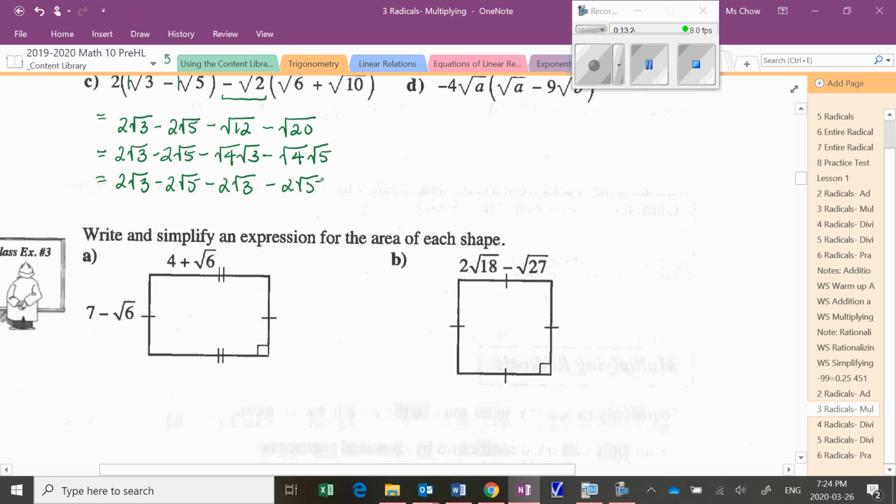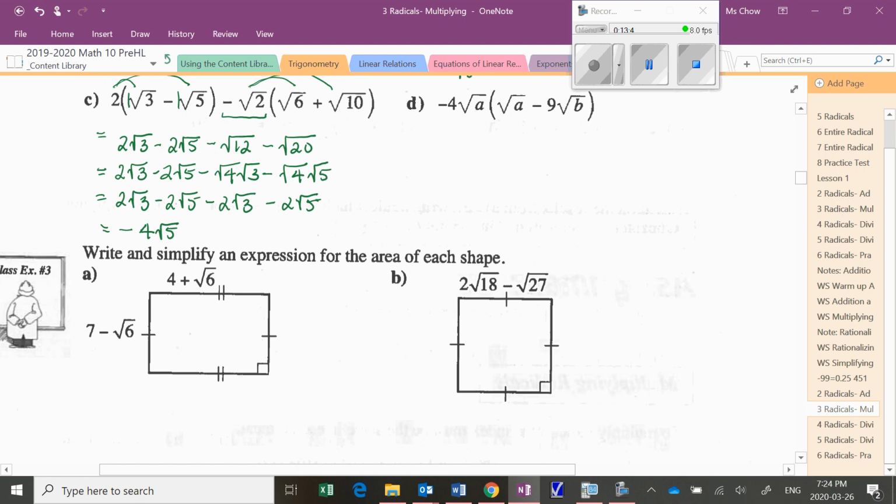So combining our like terms, then we've got 2 root 3 minus 2 root 3, so that's just 0, and then negative 2 root 5 minus another 2 root 5, that's going to be negative 4 root 5, and there's our simplified answer for that one.